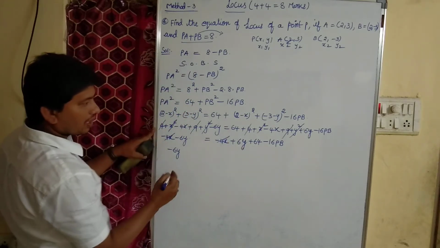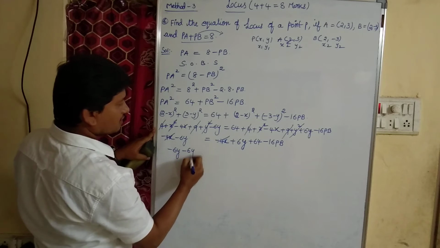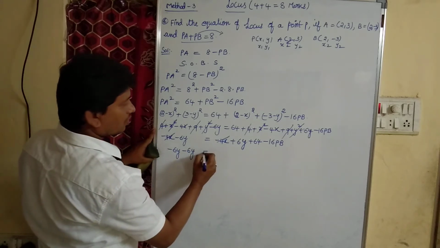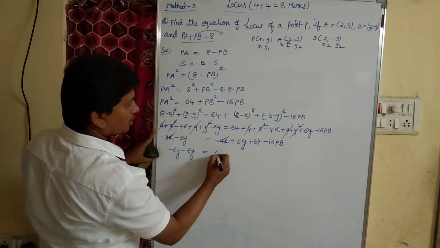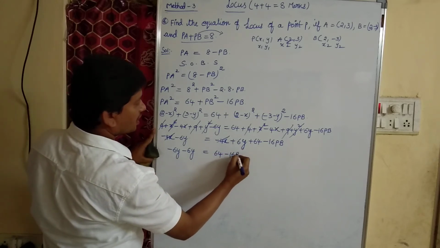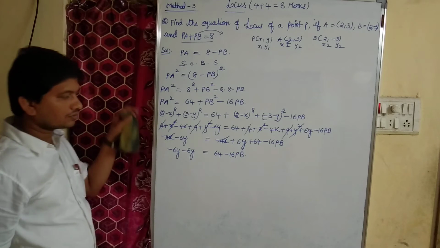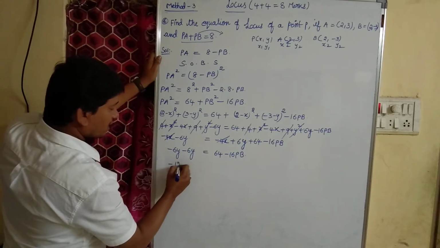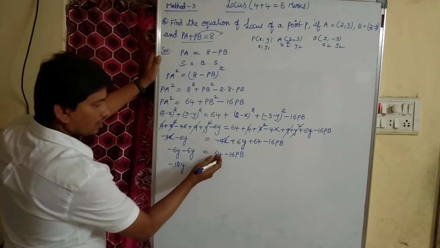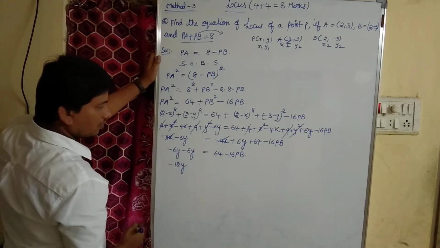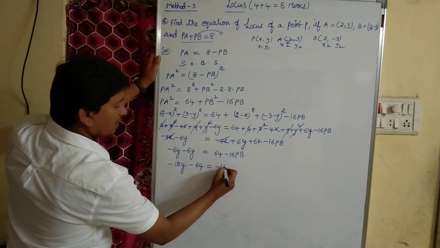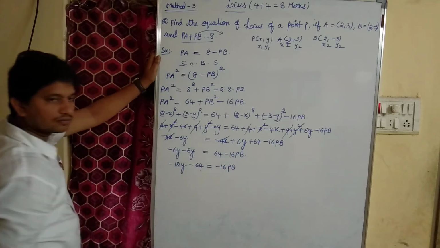That plus 6y, you transpose this side, it will become minus 6y, right, which is equal to, we have now 64 and 16 PB. So minus 6y minus 6y, that is equal to minus 12y, and this plus 64 comes to this side, means minus 64, equal to minus 16 PB.